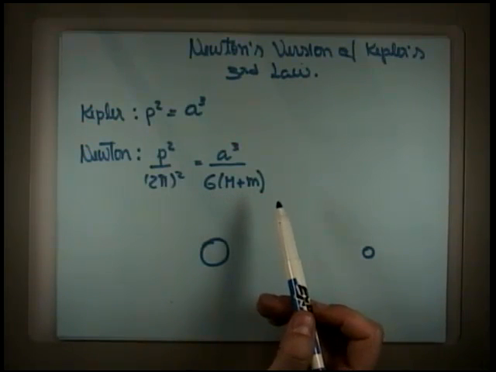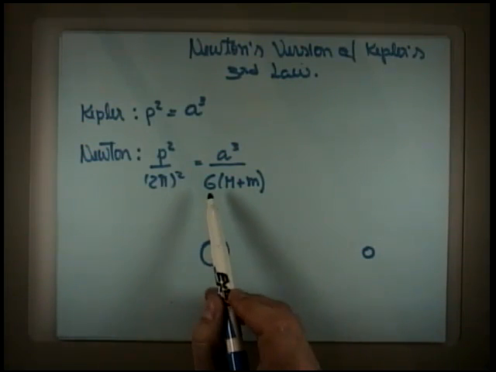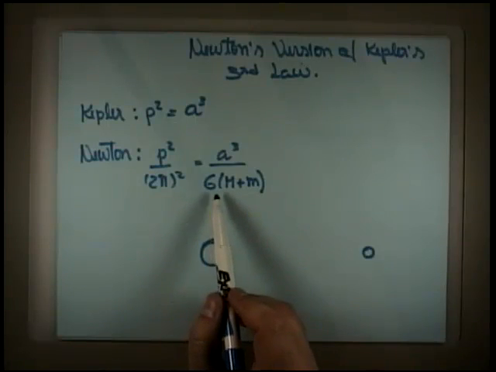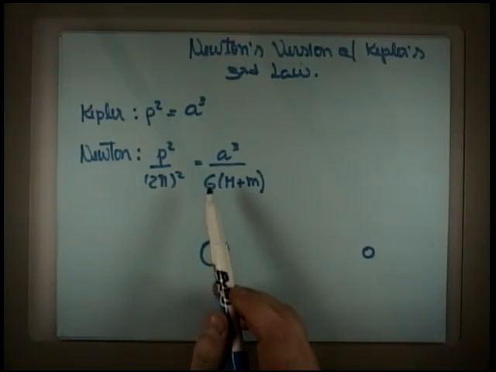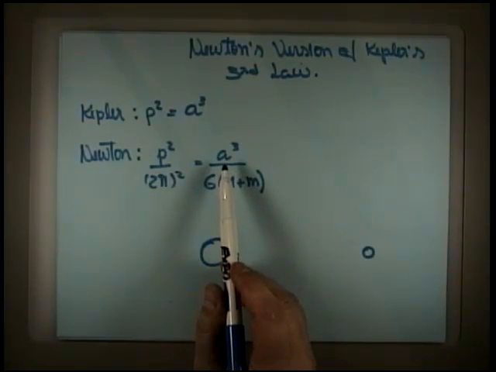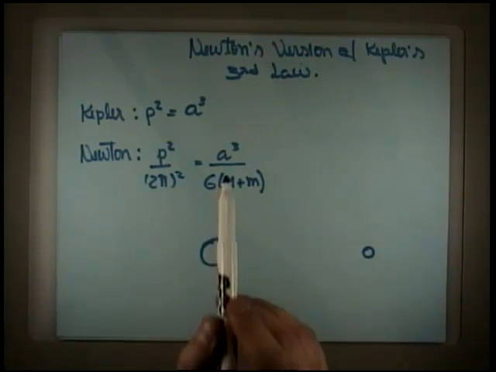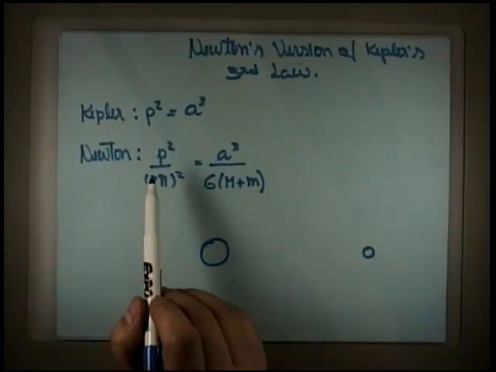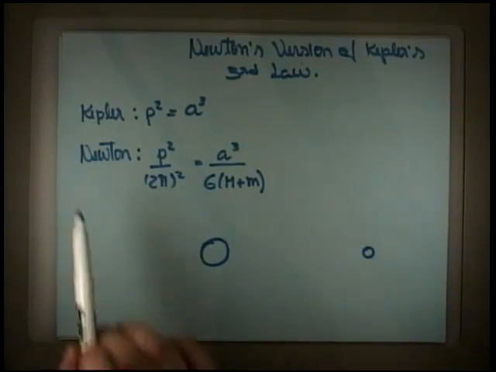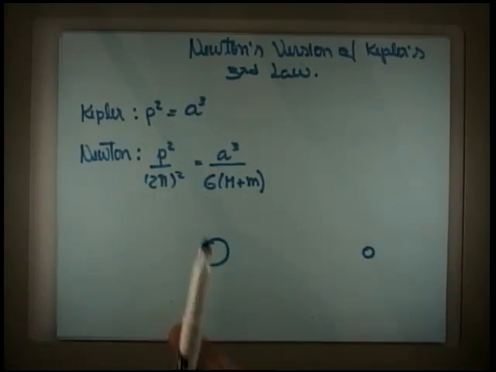And if you plug in all the constants, G and 2 pi, and use a in meters and the period in seconds, and do all the math, you end up with p squared equals a cubed if you do the unit transformation.